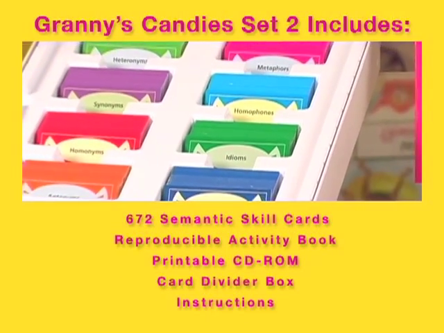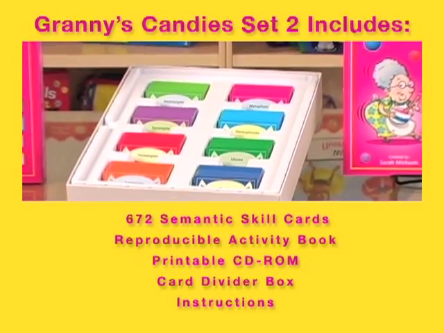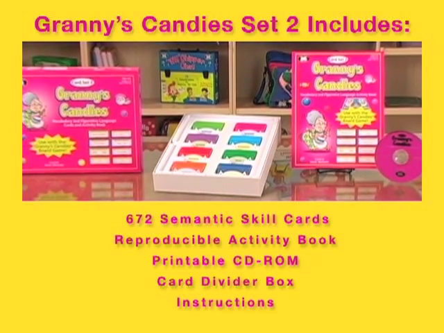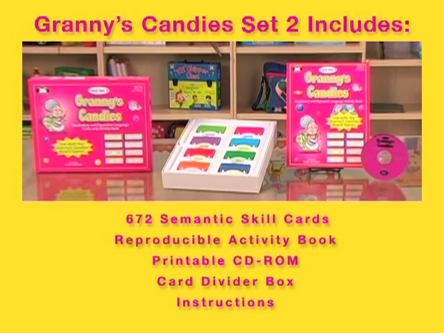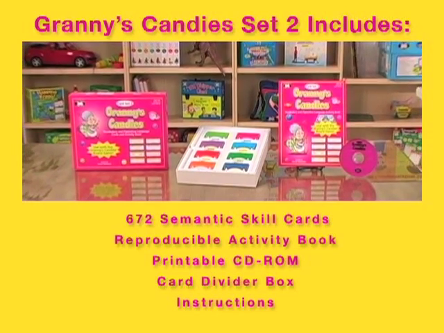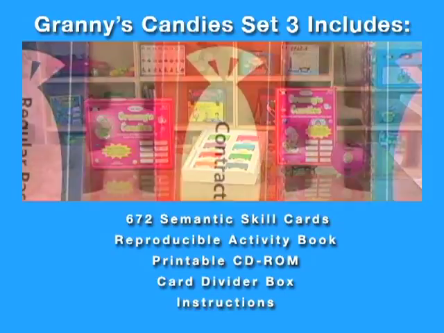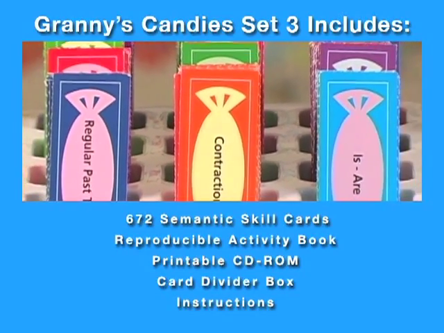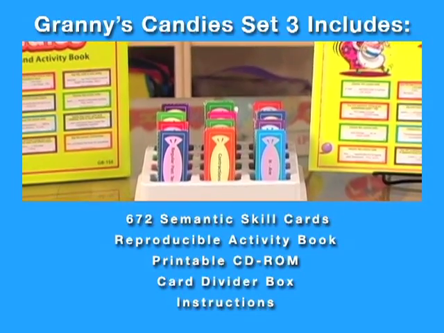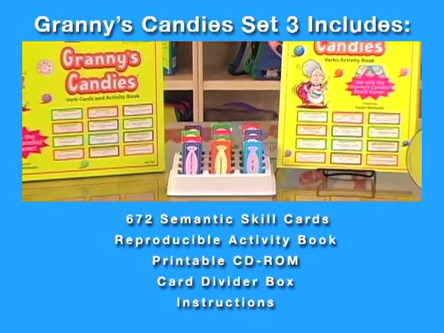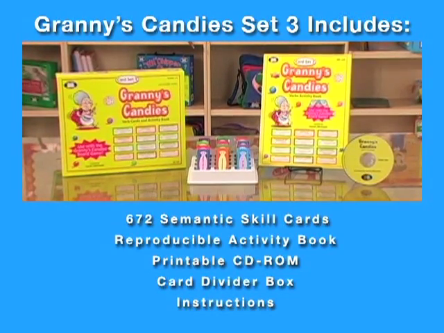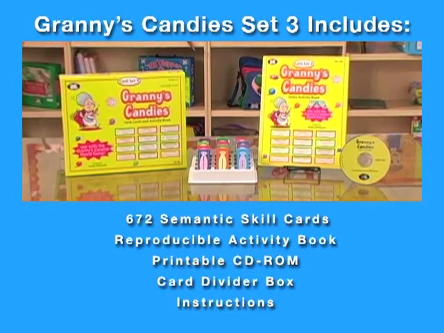Now, Granny's Candies Set 2, which is going to target vocabulary and figurative language, includes 672 semantic skill cards, the reproducible activity book with printable CD-ROM, the card divider box, and the instructions as well. Also, the Granny's Candies Card Set 3, targeting verbs, is going to include the 672 semantic skill cards, also the reproducible activity book with the printable CD-ROM, the card divider box, and the instructions as well.